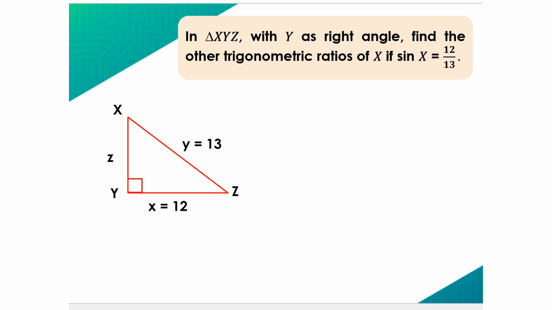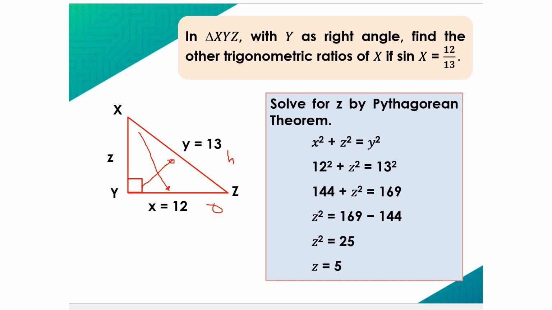Since the given ratio is sine, with X as the reference angle, this is the opposite side and this is the hypotenuse. One leg and the hypotenuse are given. Therefore, we need to solve for the other leg, which is z. We can solve for z by using the Pythagorean theorem.